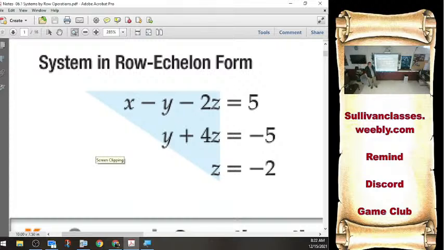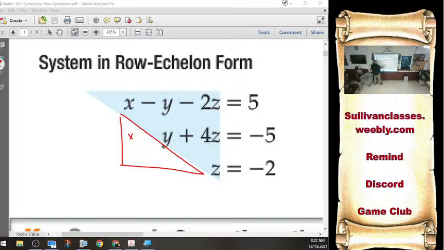So if something's in row echelon form, that means I'm going to take each of my rows and rank them. I'm going to put them in an order such that I eliminate this triangle of values. I get rid of the other x, the other x, the other y.